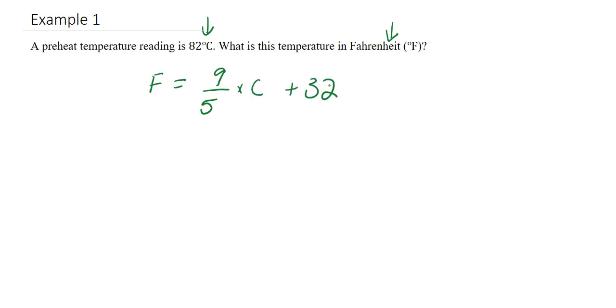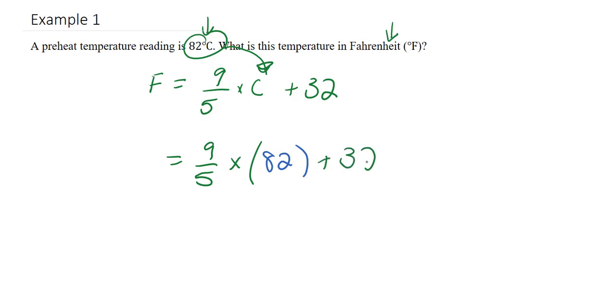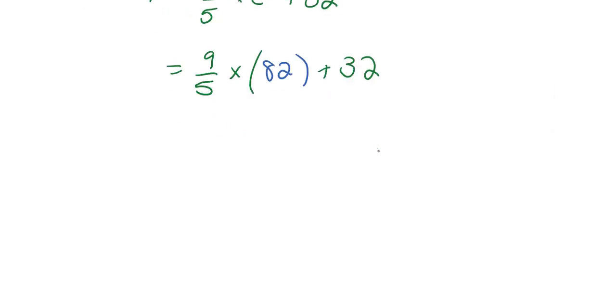Let's plug that value in for Celsius. So we have 9 over 5 times 82 plus 32, and this is equal to Fahrenheit.